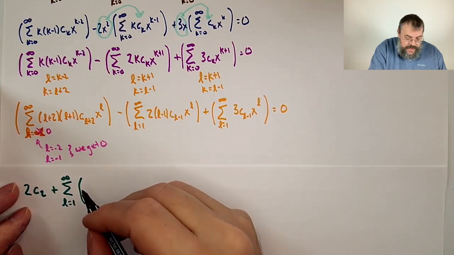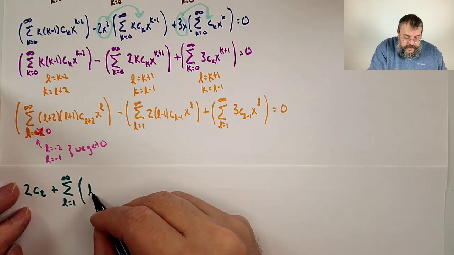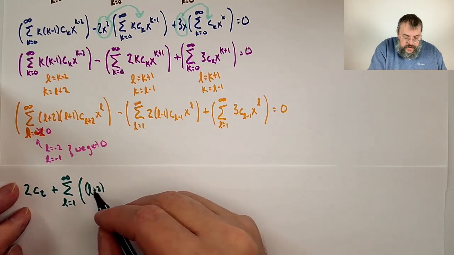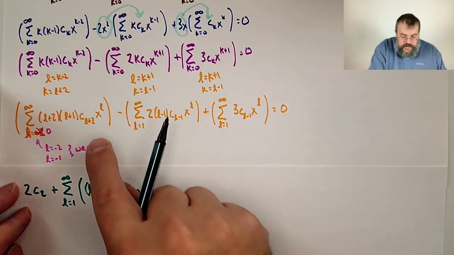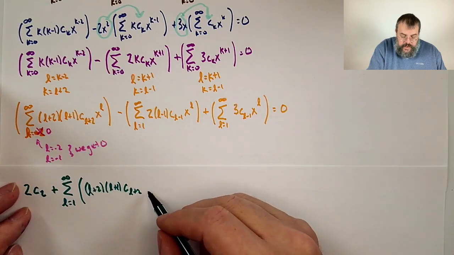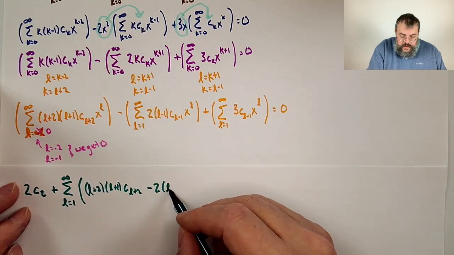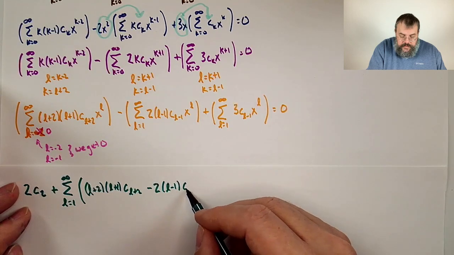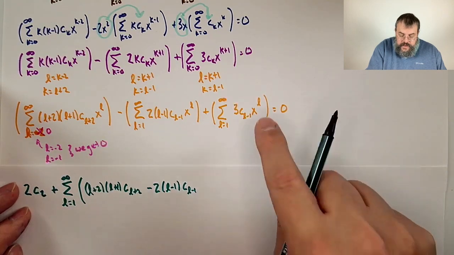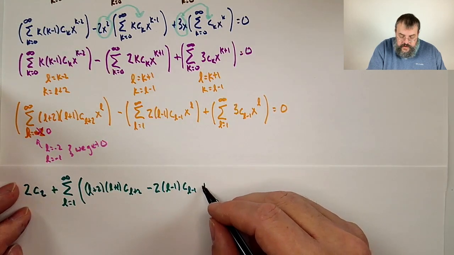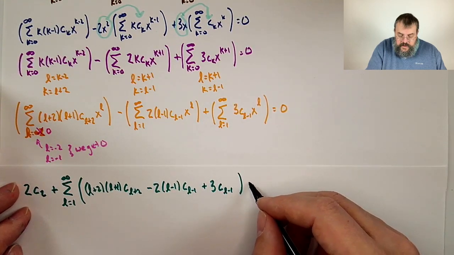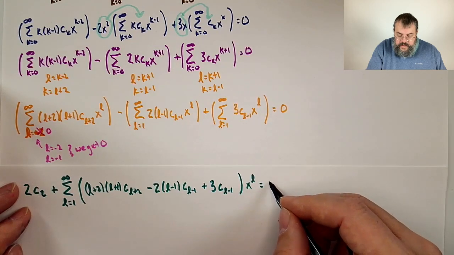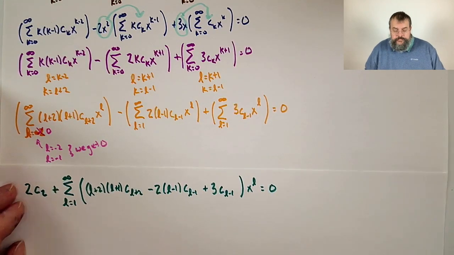So, we gather our coefficients. L plus 2 times L plus 1 times C L plus 2. Okay, that's the first one. Minus 2, L minus 1 times C L minus 1. And then our plus 3 C L minus 1, x to the L. And that equals 0. All right.